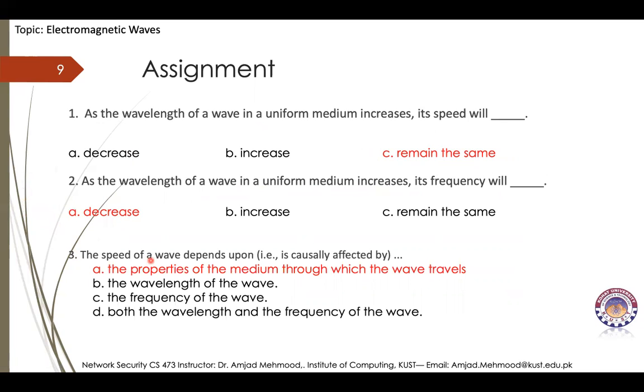The third one: the speed of a wave is causally affected by the properties of the medium through which the wave travels. So this is the correct answer. I hope that you have answered all these questions.